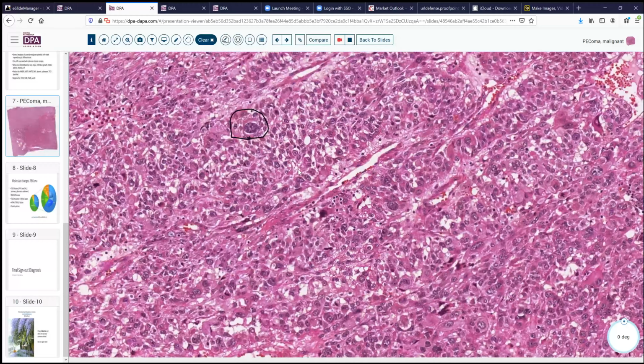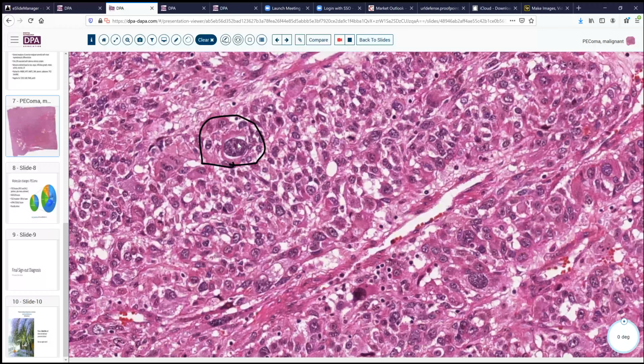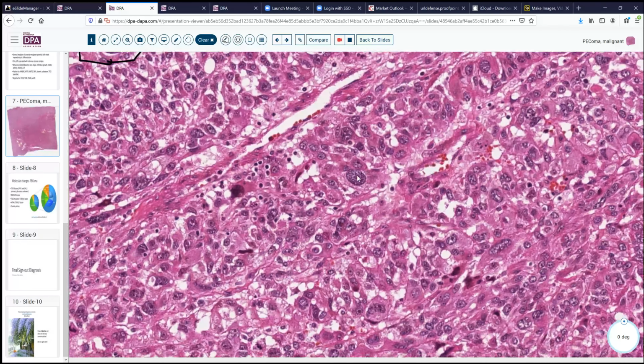And on higher magnification, we see that many of these cells have prominent nucleoli, a little bit of a cherry red color. Here's another one with some sort of reddish hue to them.